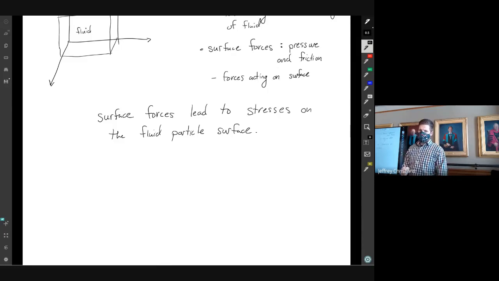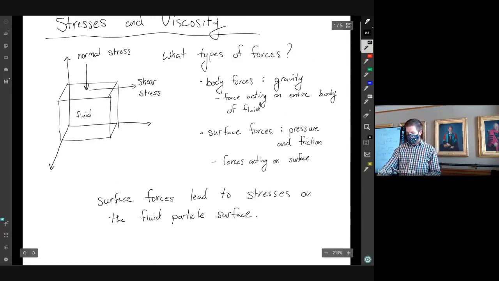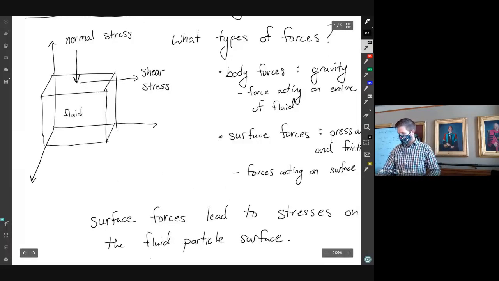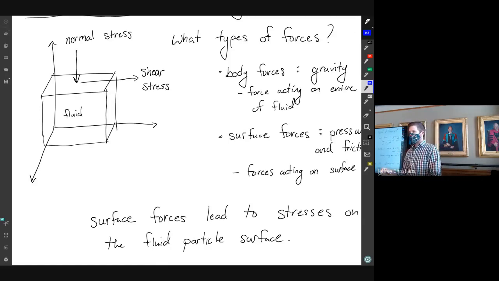Okay, so the challenge is nomenclature, how we talk about the different shear stresses and normal stresses, gets a little bit tricky. Because if we think of our fluid particle, you don't need to draw this on yours, but I'm just going to mess mine up.